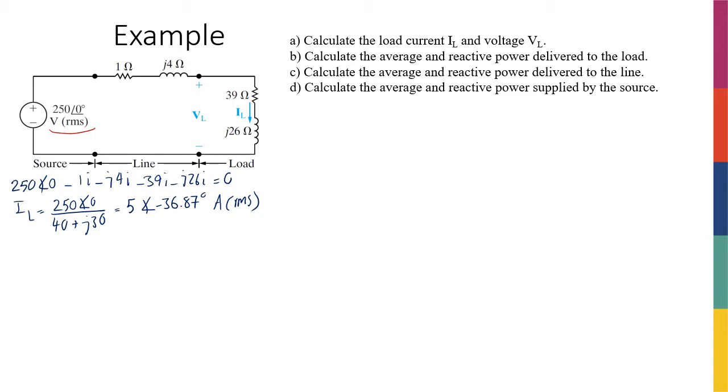Now, how do I find VL? Similar to any other circuit, I have an impedance here, and I know the current through this impedance. So the impedance times the current is going to be the voltage, right? Similar to Ohm's law. So VL is going to be ZL times IL. So it's going to be 39 plus j26 times 5 with an angle of negative 36.87 degrees.